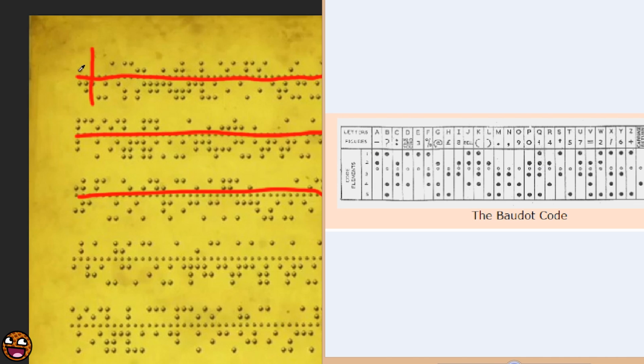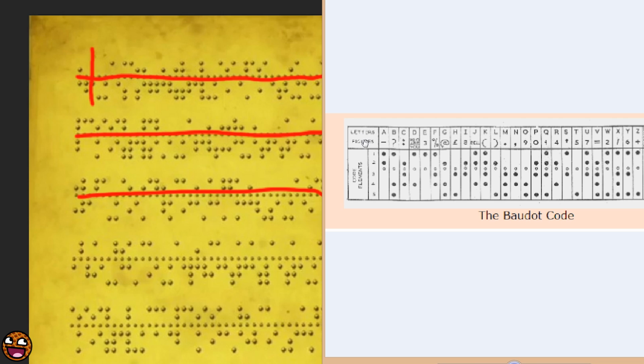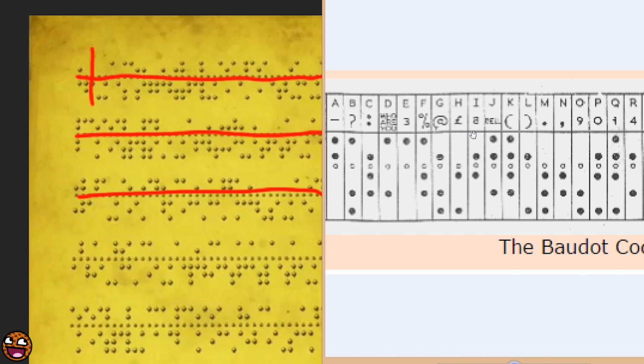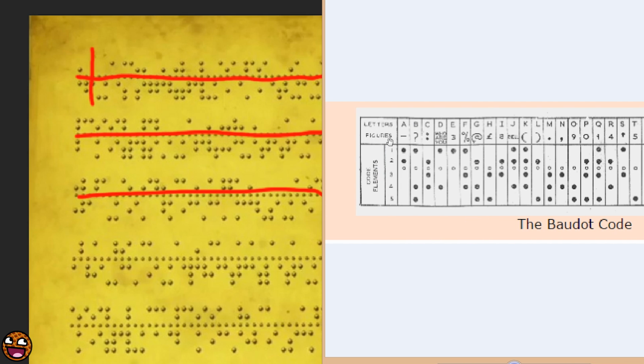If you go one dot above and one dot below, that's going to give you, as you can see here, an I. And you'll notice, by the way, that it could also be a figure. This is quite low resolution, but there's a figure there. But it starts off on letters, and then there's a specific character that you can use to switch from letters to figures, and then switch back from figures to letters.